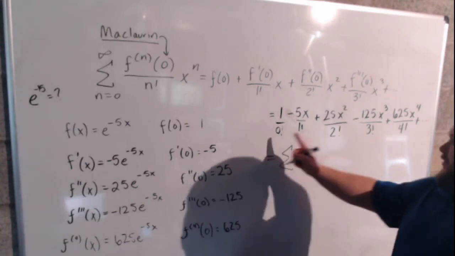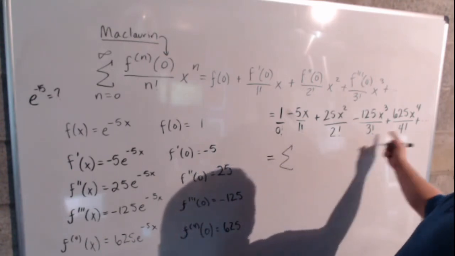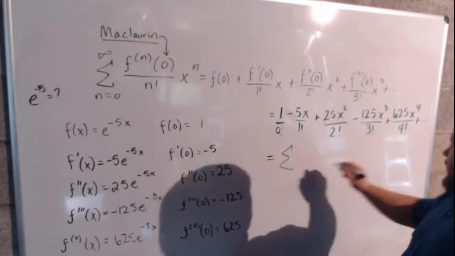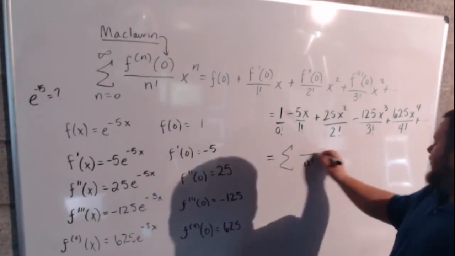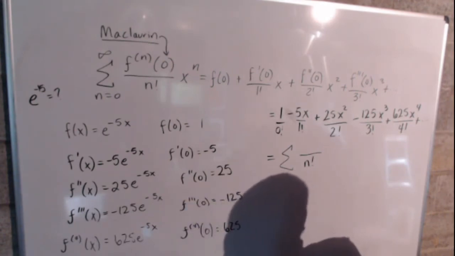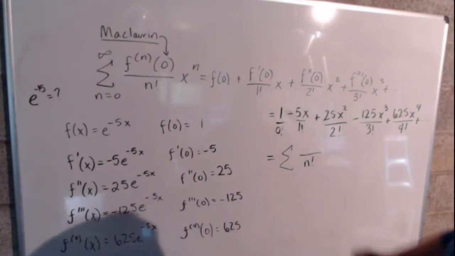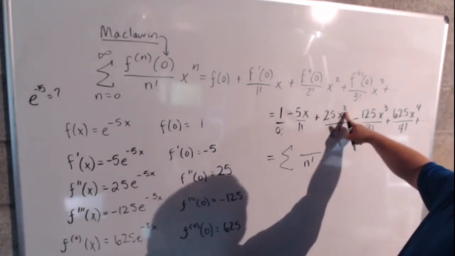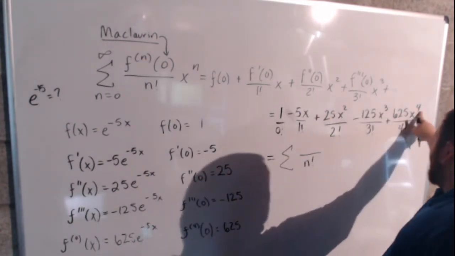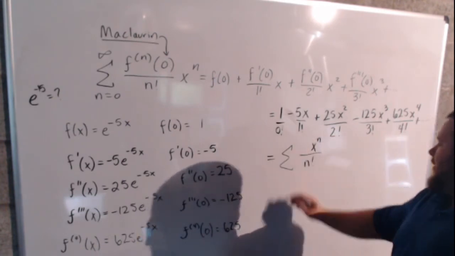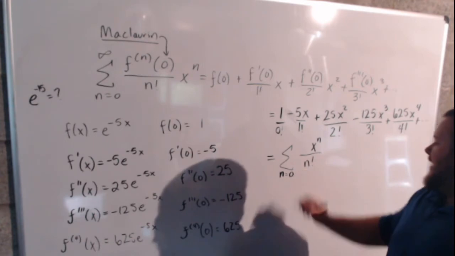So it looks like if we started at 0 and counted by 1, each denominator is that factorial, or n factorial. Then I notice that we've got 0 x's, x to the first, x to the second, x cubed, x to the 4th. So it looks like x is also to the power n, starting at 0.